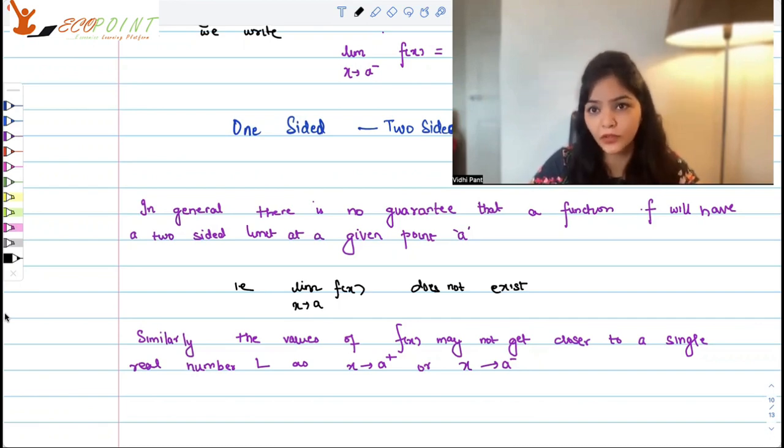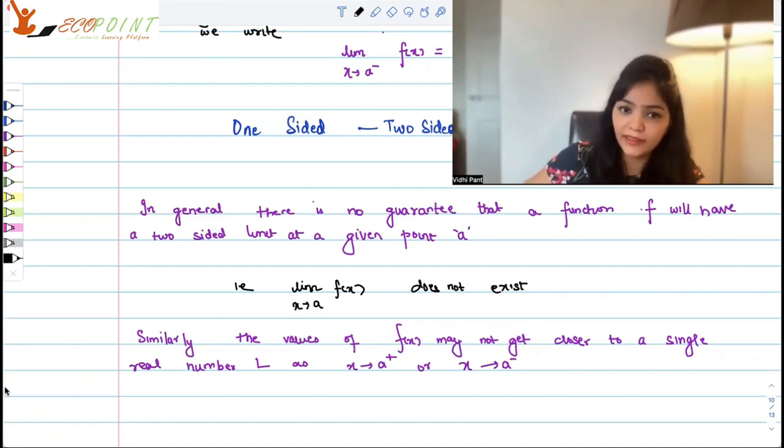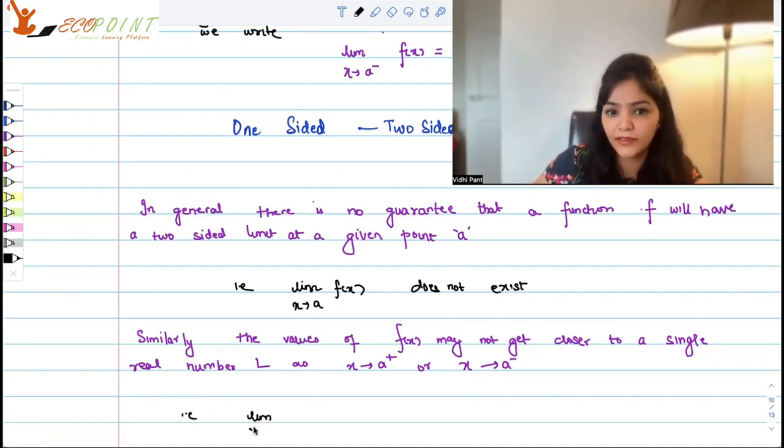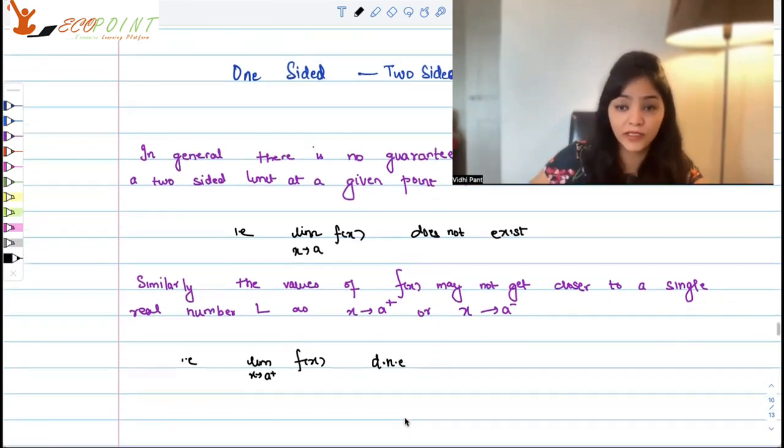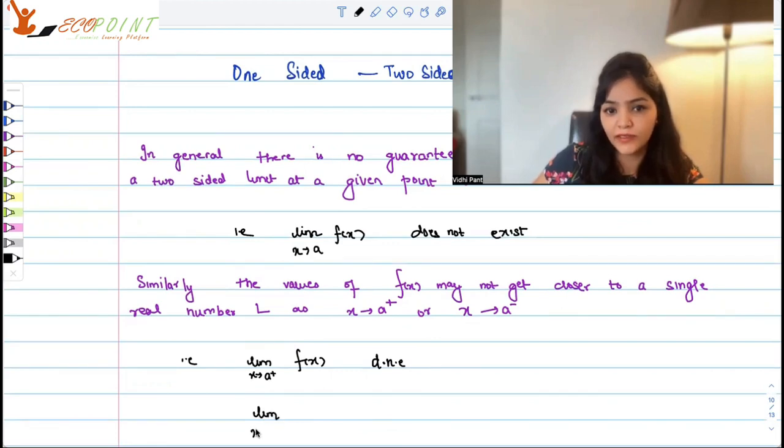In that scenario, we would say that the limit as x tends to a plus of f(x) does not exist. I'm writing DNE for does not exist. Or else it could be a case that it does not exist from the left, so as x tends to a minus, the limit of f(x) does not exist.